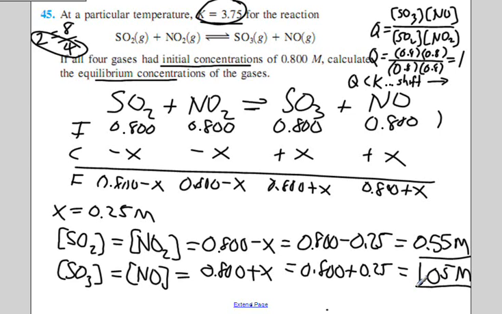So if I take 1.05, square it, and divide by 0.55 squared, in other words, if I put those concentrations back into the equilibrium expression, do I get 3.75 or pretty close to it? Realizing that there might be some rounding error, right? Okay. We'll stop here, and I'm going to show you how to use the calculator again, okay? Maybe we'll record that as well.